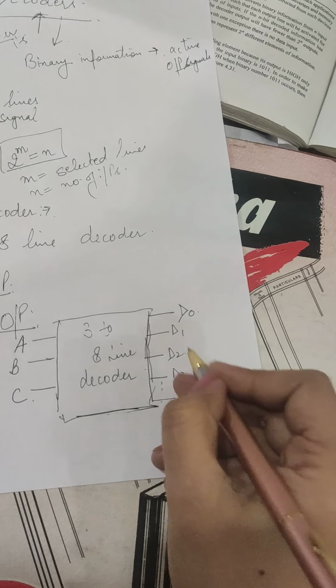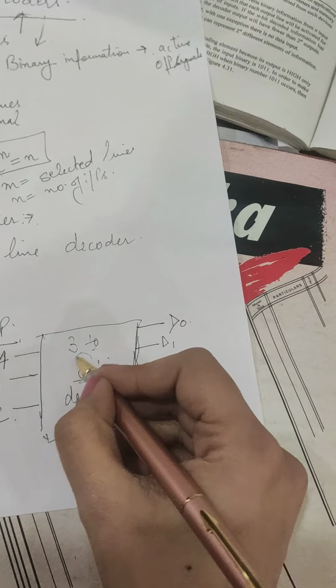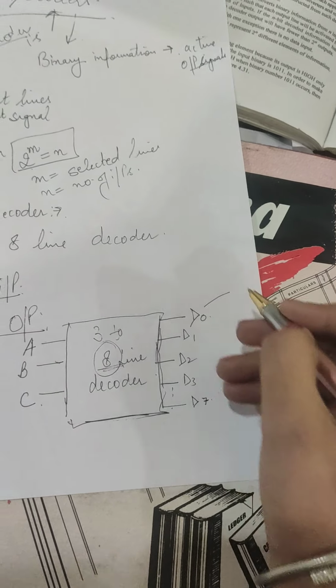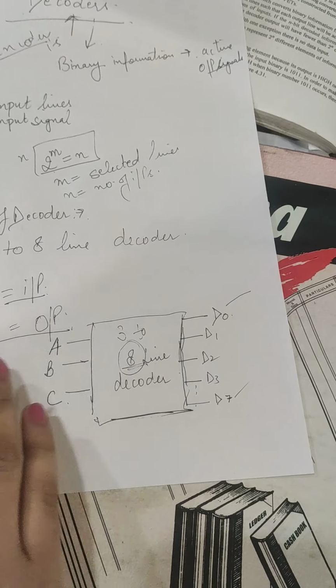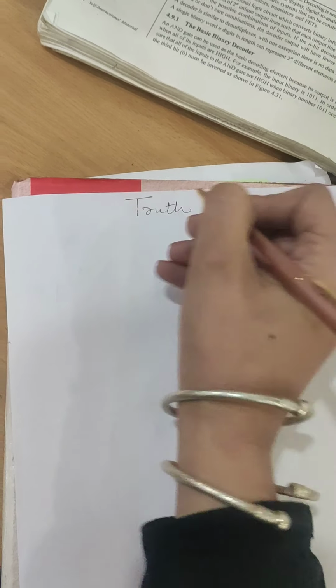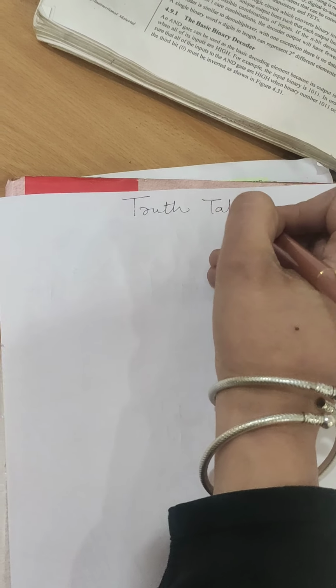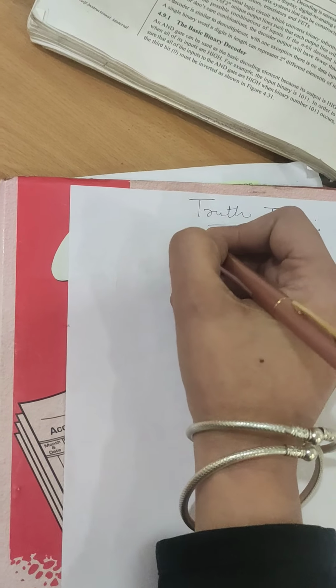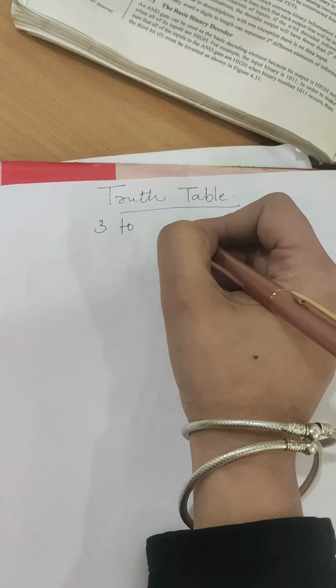Because we have an 8-line decoder with 8 outputs, it starts with D0 and ends with D7. Now we need to make its truth table of the 3 to 8-line decoder.